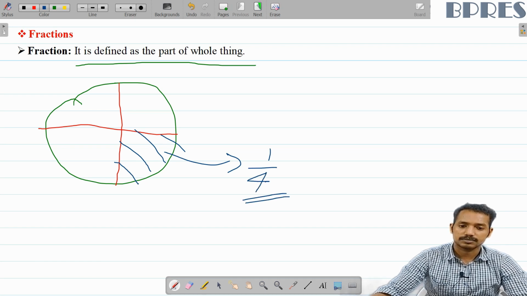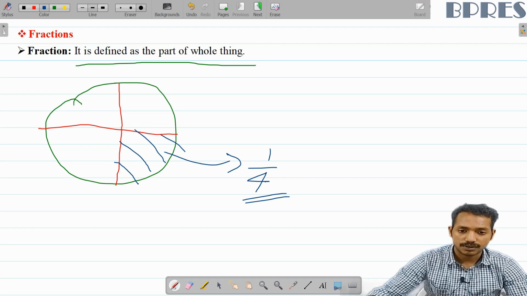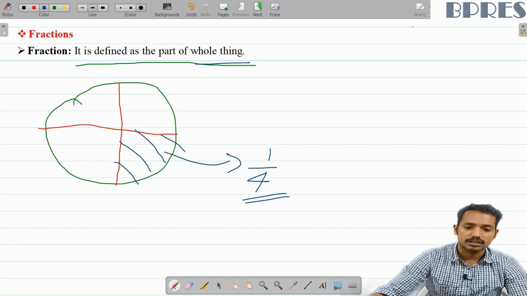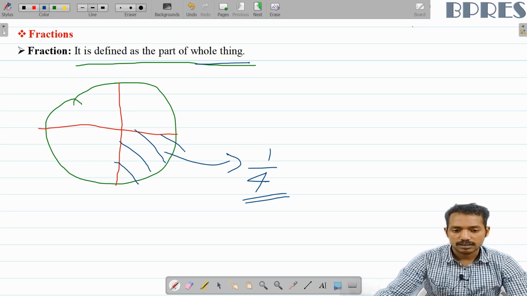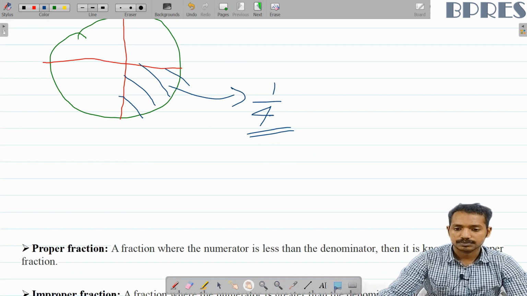This is the fraction. Clear? So it is defined as a part of a whole thing. The necessary condition is that the divided parts should be equal in amount. Clear?